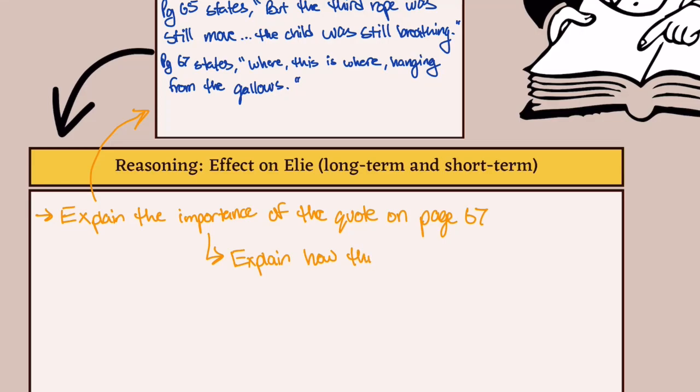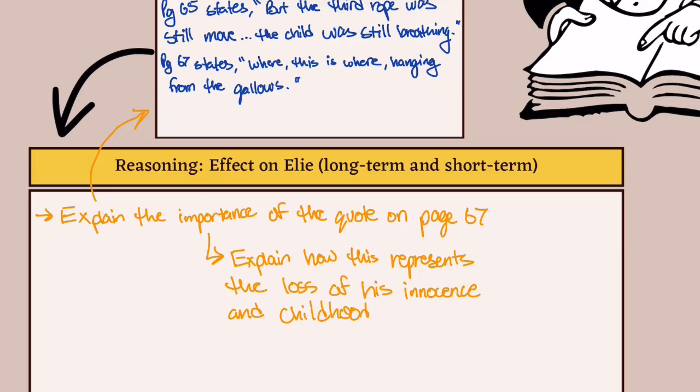Explain how this represents the loss of his innocence in childhood. Okay? That's kind of what I want you to touch on for this one.